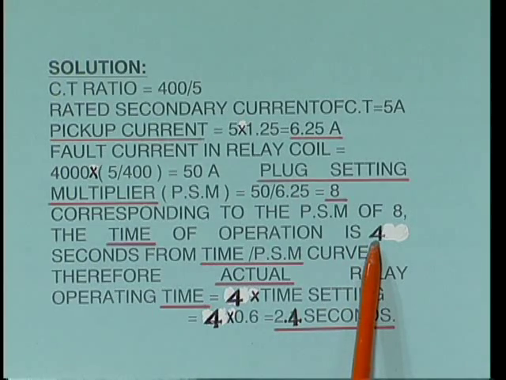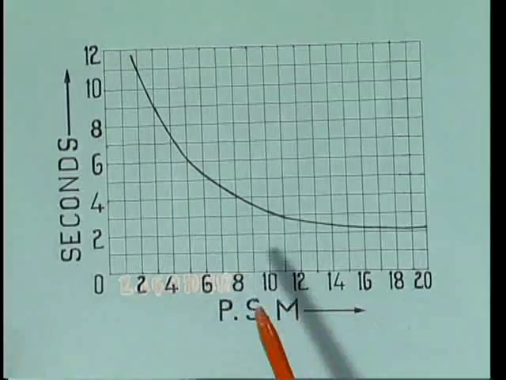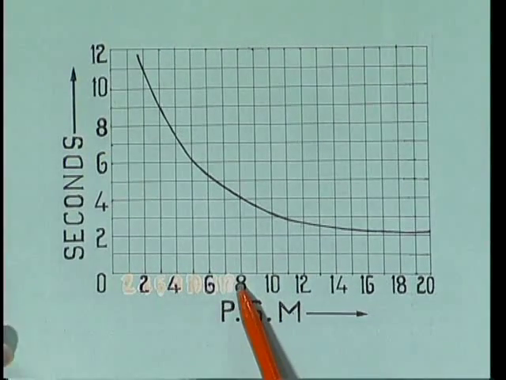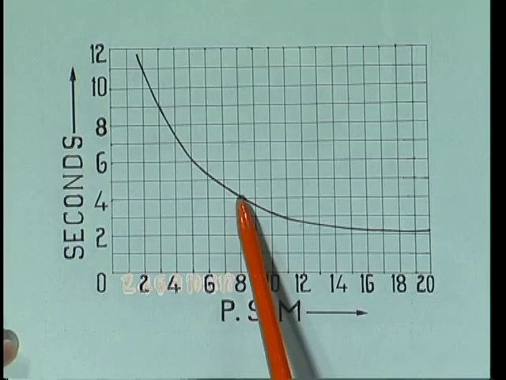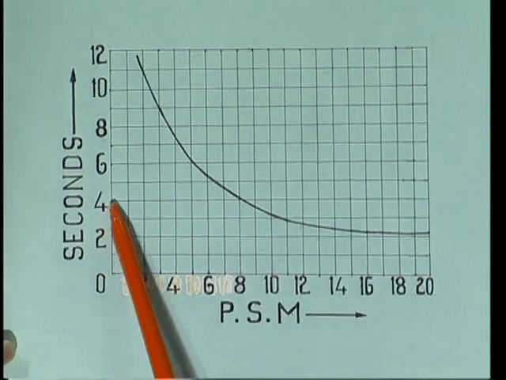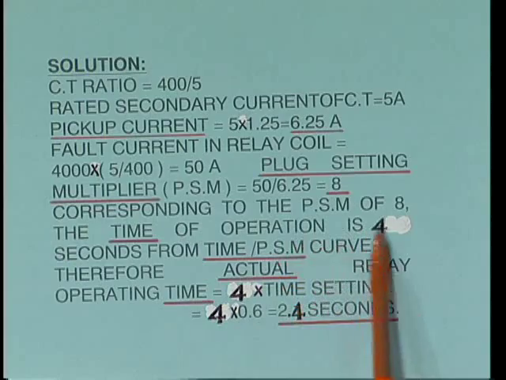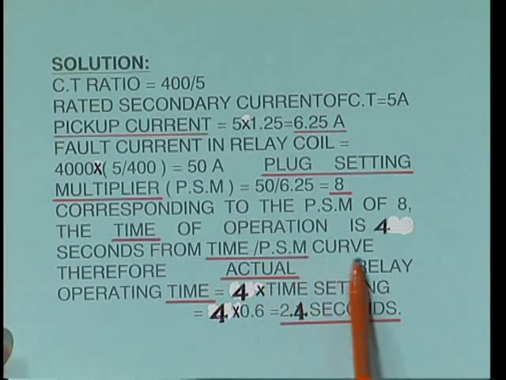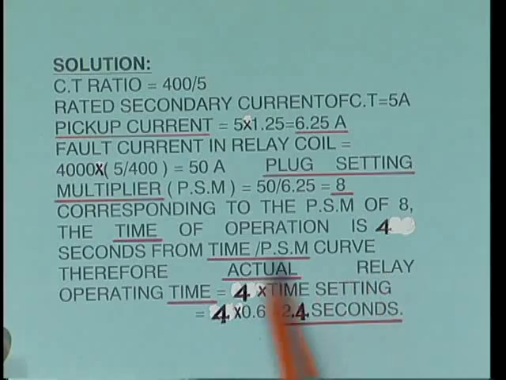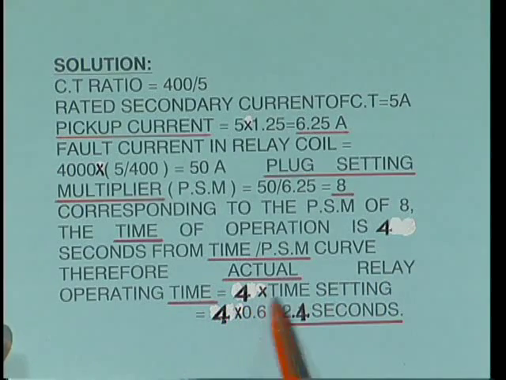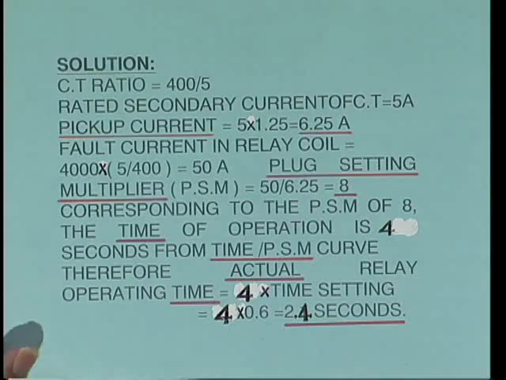You see the PSM time curve, where the PSM is 8. According to this, the operation time is 4 seconds from the time PSM curve. Therefore, the actual relay operating time equals 4 into the time setting of 0.6, so 4 into 0.6 equals 2.4 seconds. So the relay operates after 2.4 seconds when the current exceeds the pickup current.